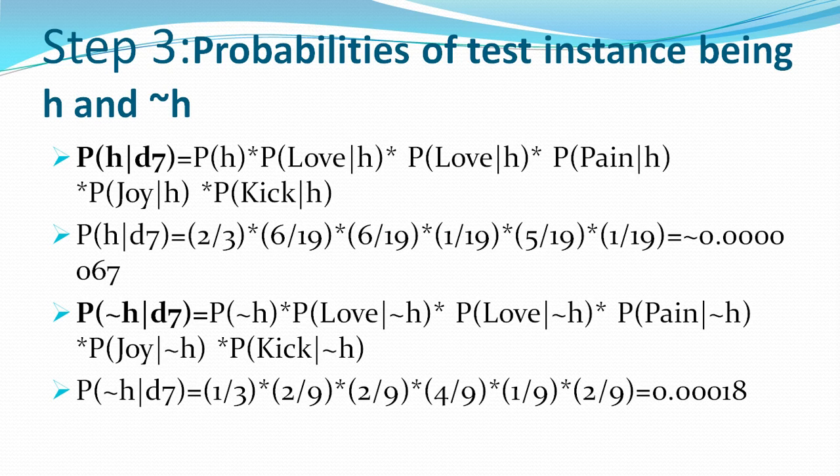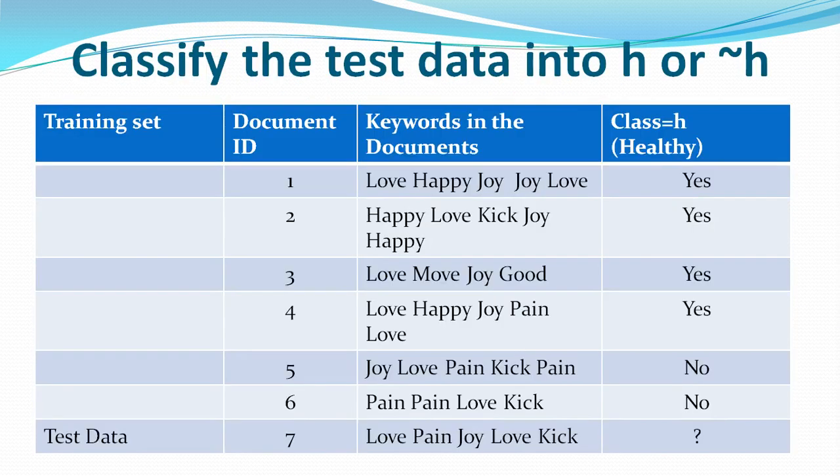In step 3, we applied a formula for this particular D7 to make sure which probability will be more for D7. Either it may be yes or it should be no. If yes is more, obviously it will be yes. If no is more, obviously it will become no.